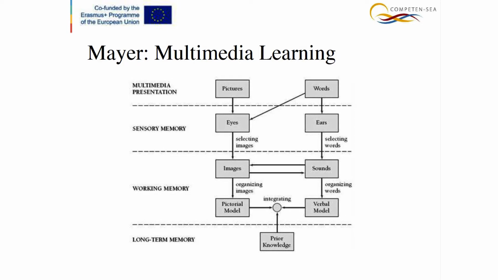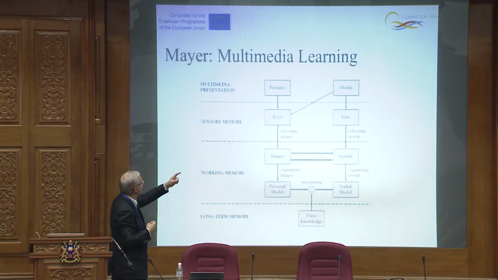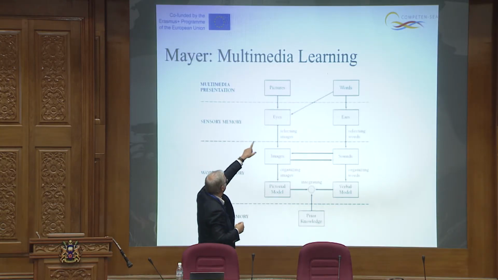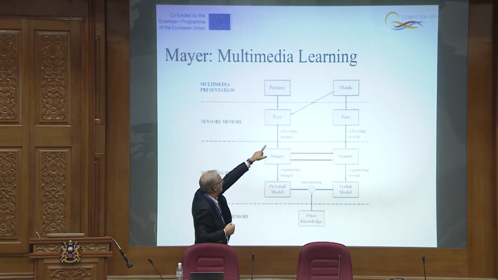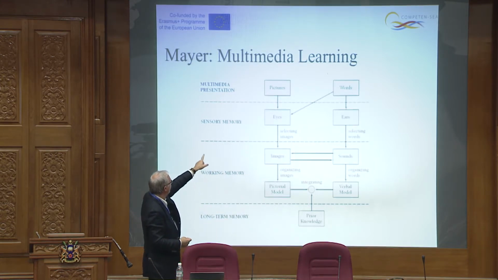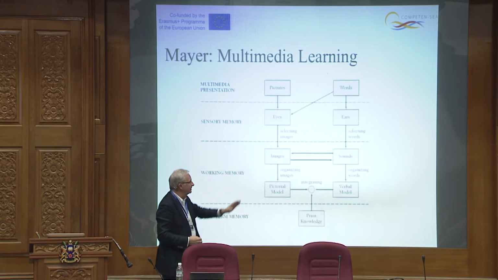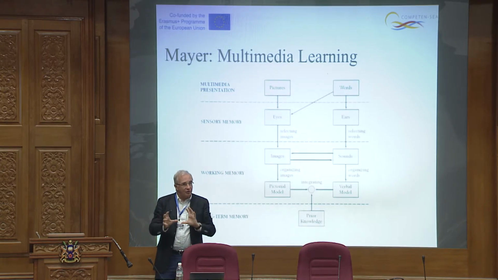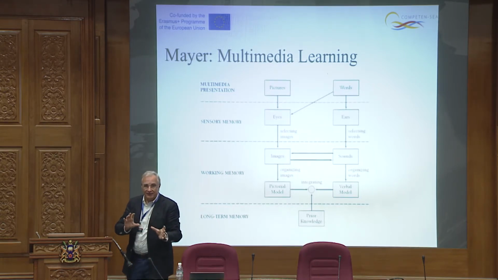You hear something and you see something. You have two channels in which you combine. You have maybe words and pictures. So you see something through your eyes and you hear something, ears and eyes. So these are two channels. And if it's not done correctly, rather than helping, it can be confusing.